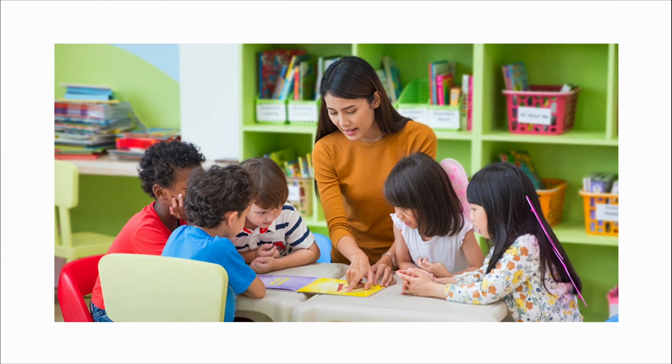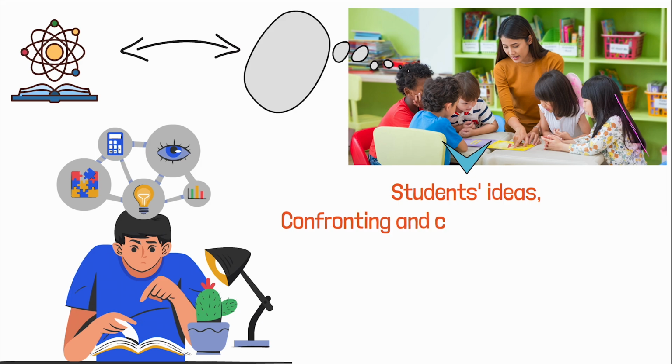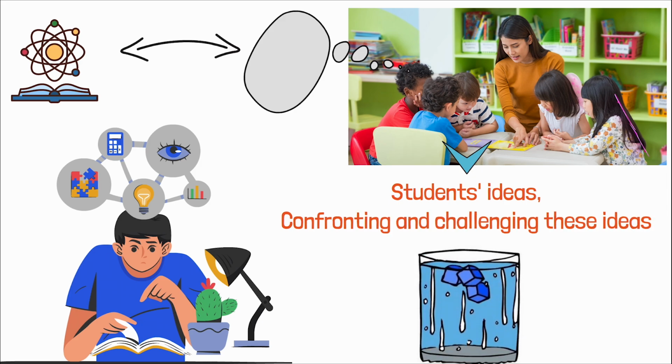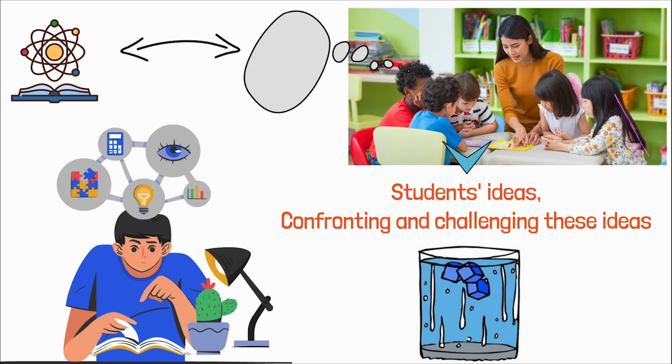Effective science teaching requires awareness of students' preconceptions and the ability to address and resolve conflicts between these preconceptions and scientific concepts. This process involves becoming aware of students' ideas, confronting and challenging these ideas, and guiding students to extend and apply new concepts in various contexts.